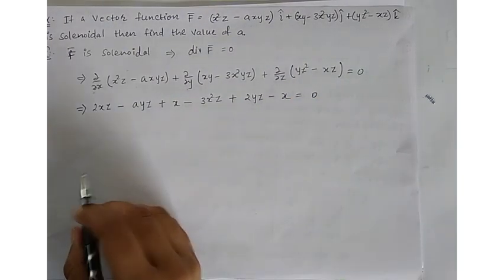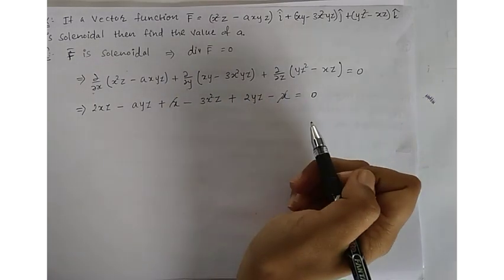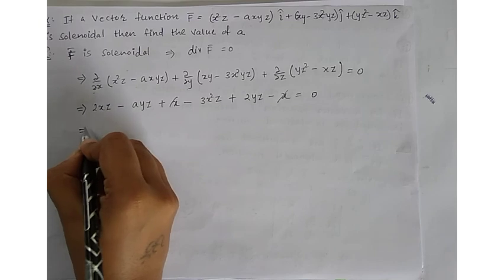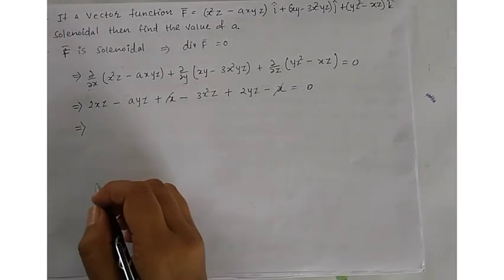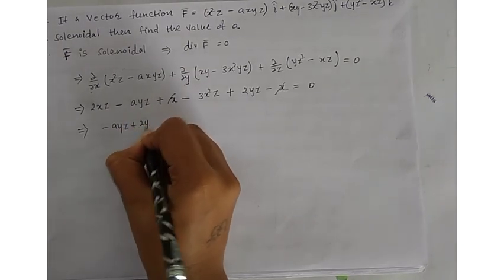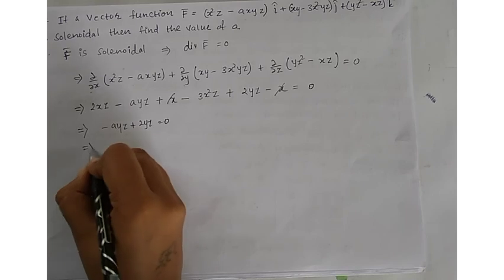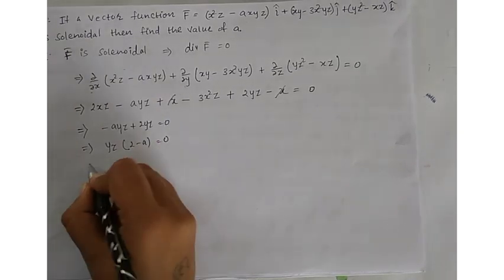Here you can see that plus x and minus x cancel, and we are left with minus ayz plus 2yz is 0. Taking yz common, we get yz times (2 minus a) is 0.